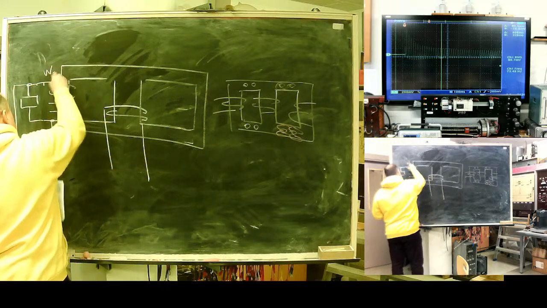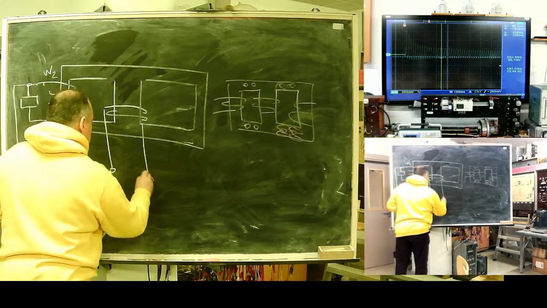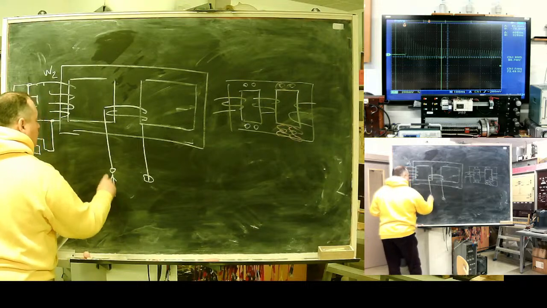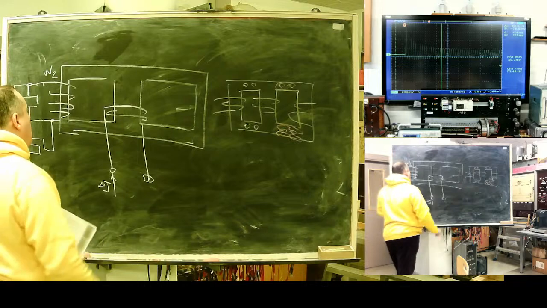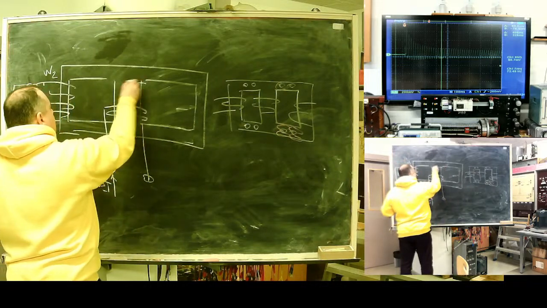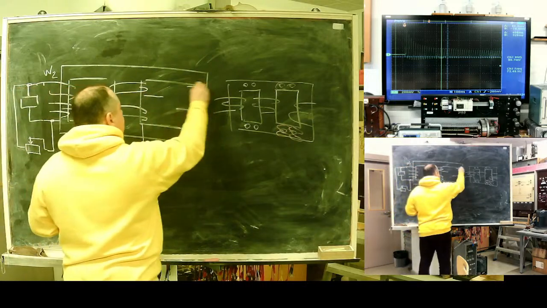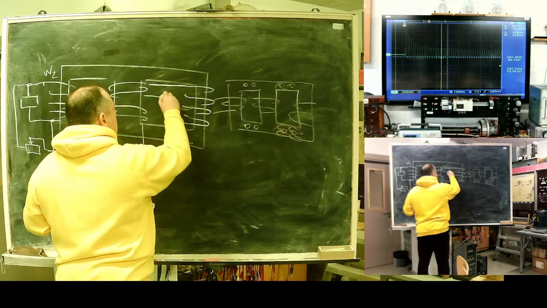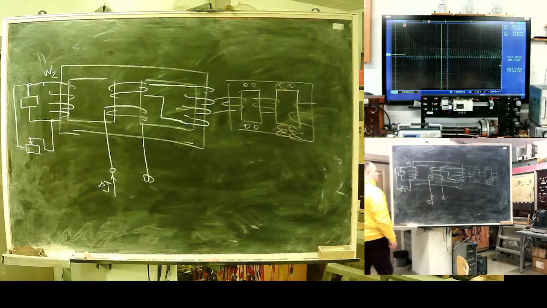This one is number 2. This one is operational. Differential current flows through this winding. And the relay also has this short-circuited winding.